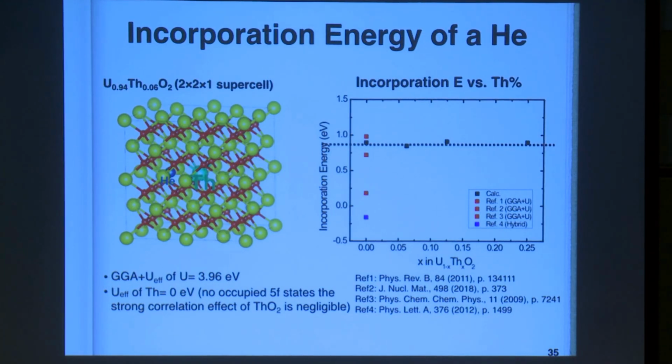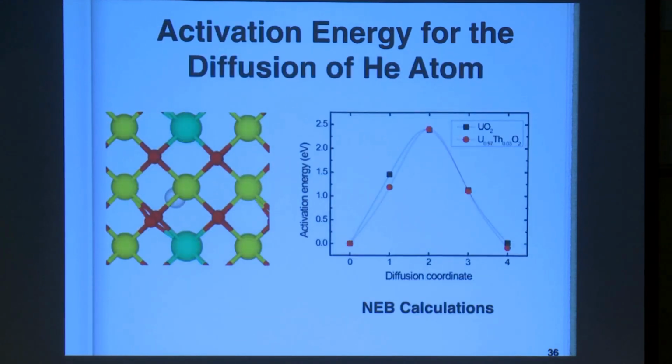Then we calculated whether this structure, uranium thorium oxide, can incorporate helium gas phase thermodynamically. We found out that thermodynamically, helium is not stable in that lattice, a very high instability of helium in that lattice. So something in the bulk phase is maybe not stable. You see here, diffusion of helium is also not so feasible thermodynamically in the bulk.